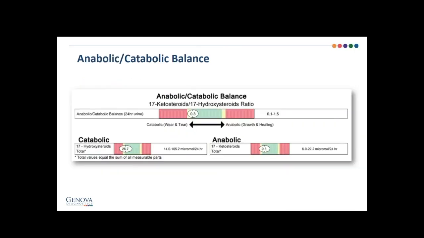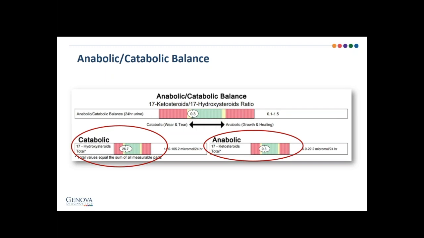So here's that anabolic-catabolic balance, where we took the catabolic 17-hydroxysteroid total. That was everything in the area of cortisol, that red area, the cortisol metabolites, not including the cortisol. And then we had the anabolic, the DHEA plus its metabolites. When we look at this, we see it's not too bad. It's not leaning one way more than the other.